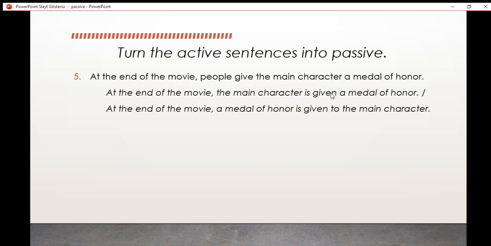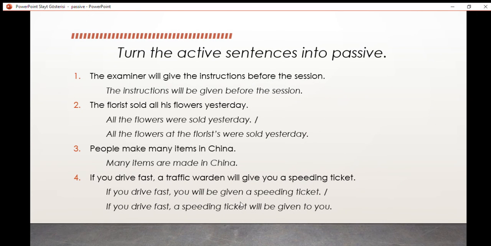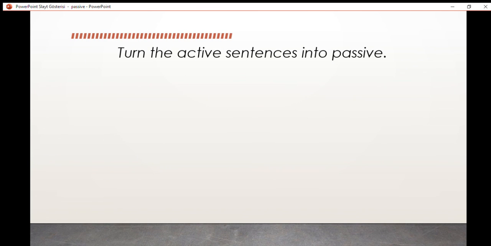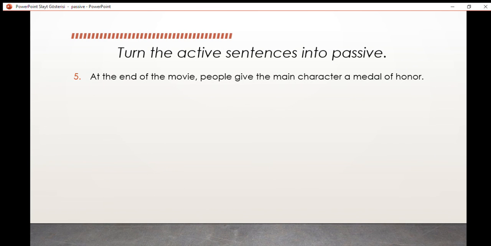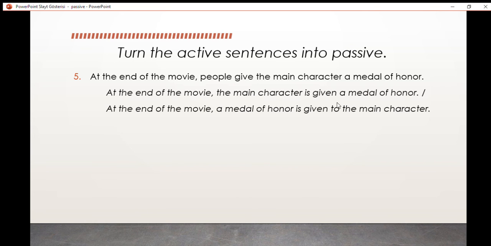We need to be careful with to. Going back, you see a speeding ticket will be given to you, but here we don't say to. So if you are talking about who something is given to, then we need to say given to the main character.